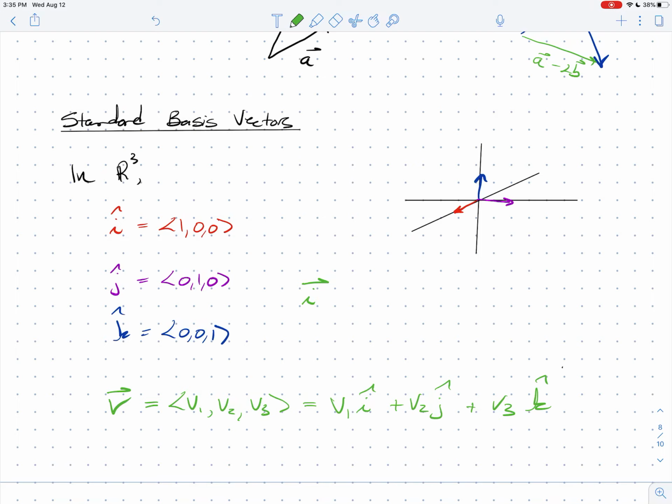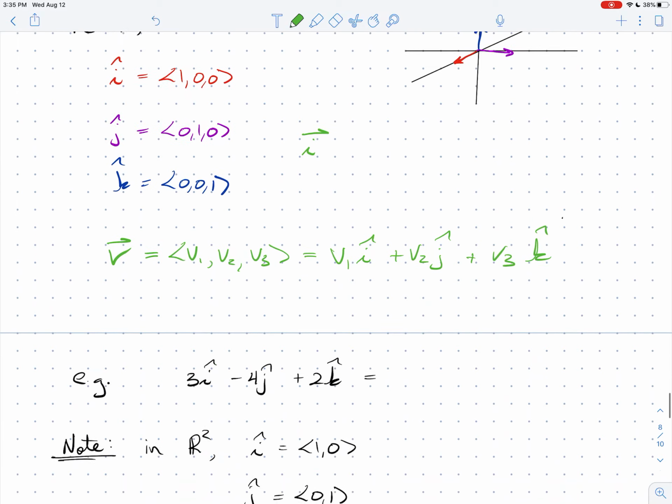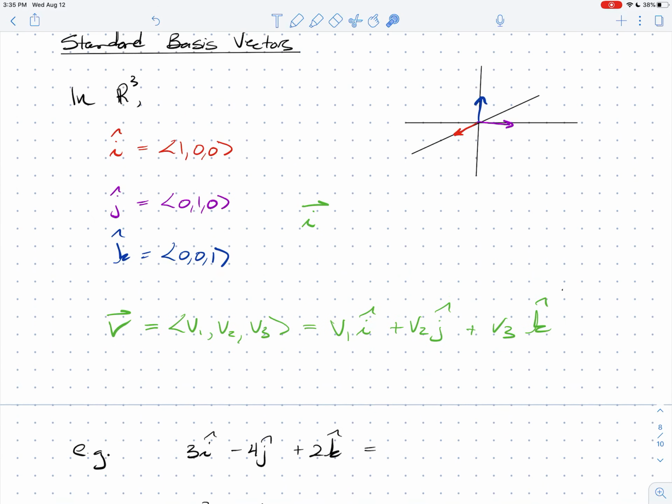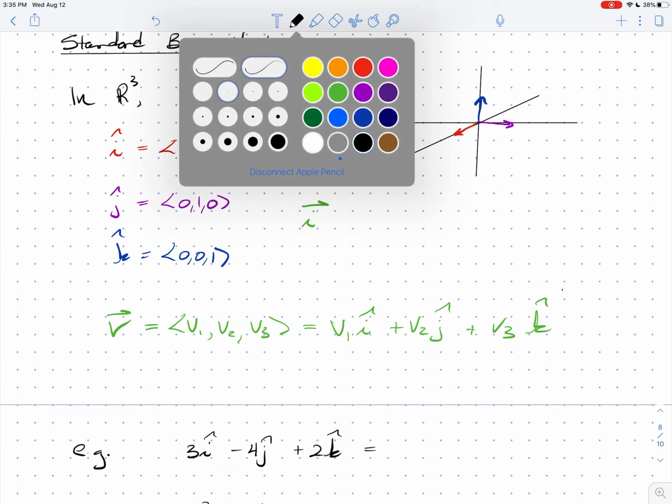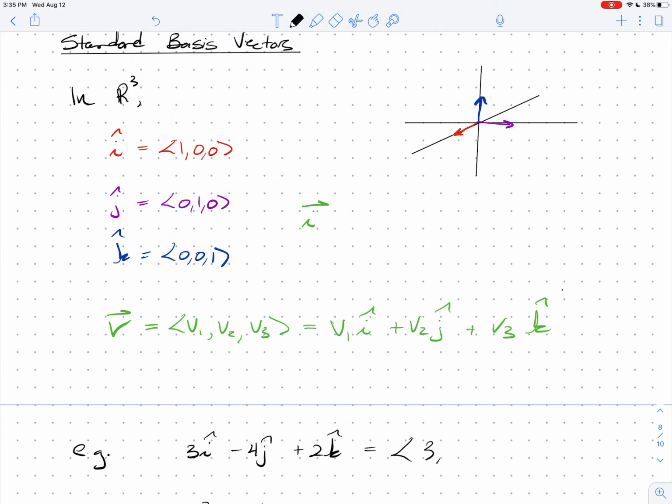You can see it. It works out perfectly. And so just an example of this, if I give you this vector, then you should be able to quickly realize that this is what? 3, negative 4, 2. And you might wonder, well, why do we have to use i's, j's and k's? It just turns out it's convenient sometimes, and you'll see it throughout the book quite a bit. So you'll need to know what they mean and be able to switch back and forth.